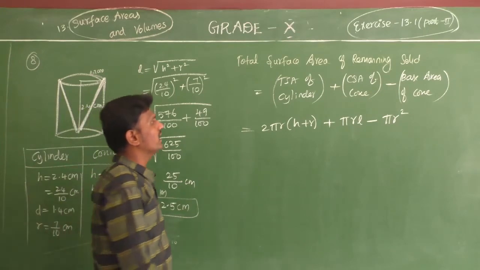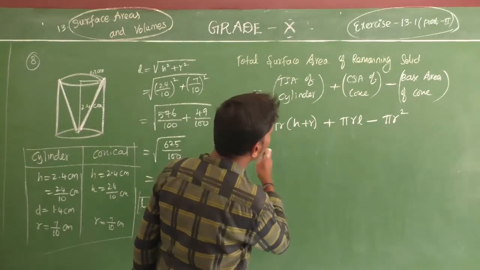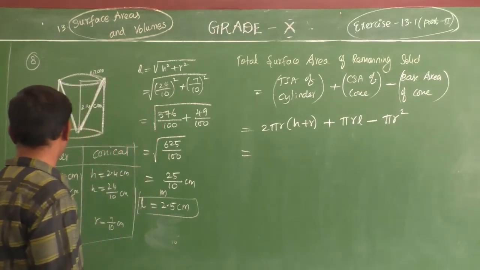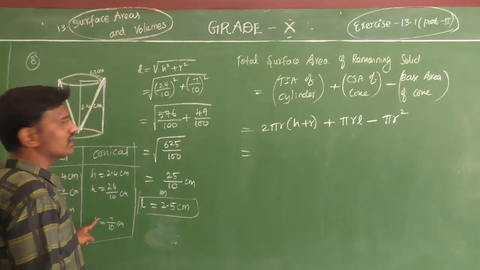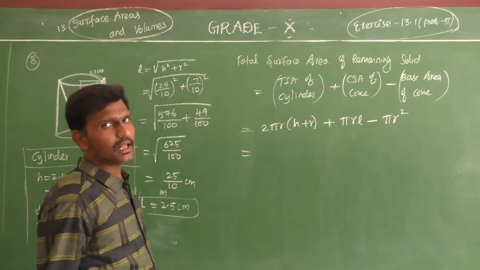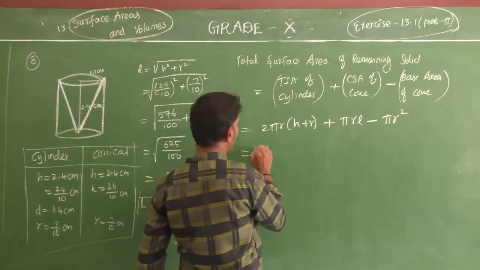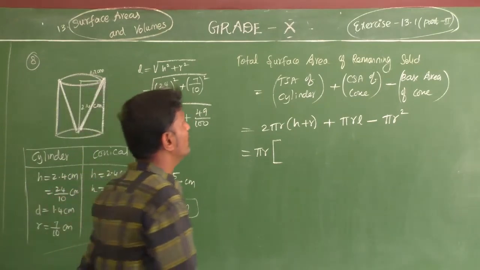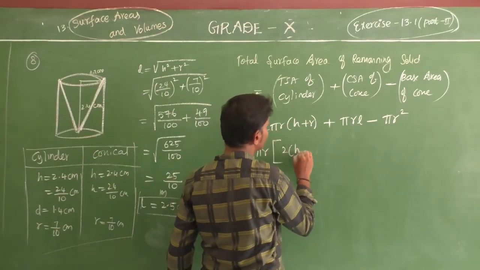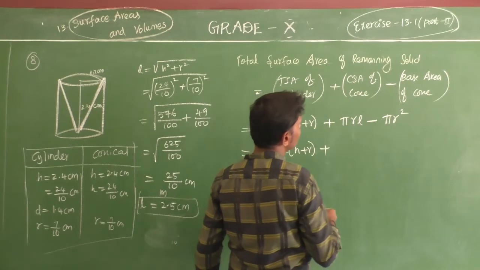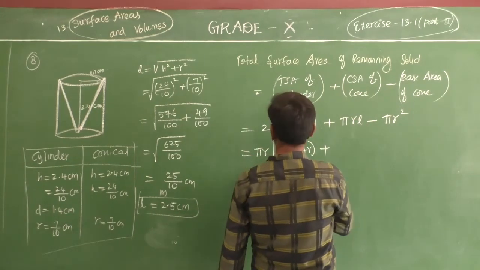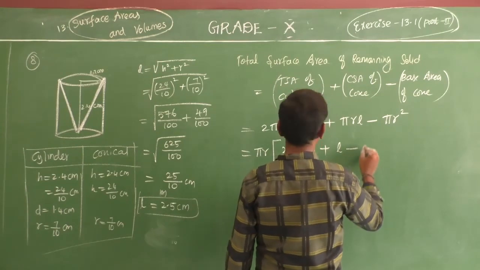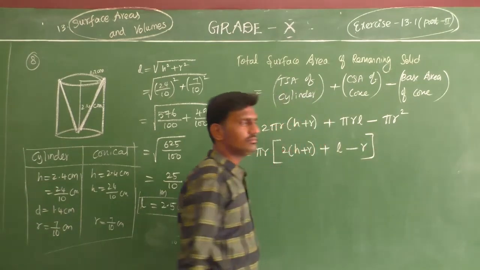Yes? Okay. Now you have anything common. What is the common radius for all the things? Yes. Pi is common. I am taking pi r commonly. Okay, so remaining 2 into h plus r plus pi r l. Pi and r I am taking outside, so l only, minus remaining r.